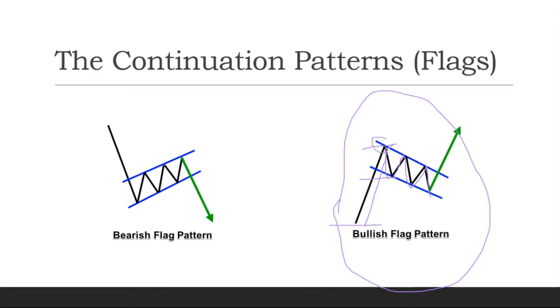If I draw a line on the resistance and a line on the support, we call these two lines trend lines. And I draw a line from the area where the price extended until the first resistance level. So I can see that the price has formed the pole of the flag, then pulled back and formed the flag. Okay, we will see this now on the chart. Let's go to the chart.